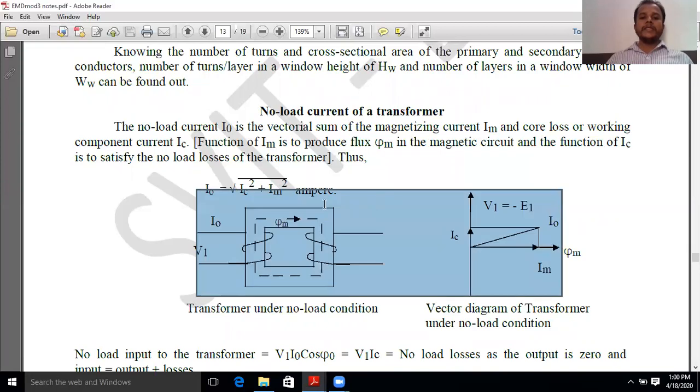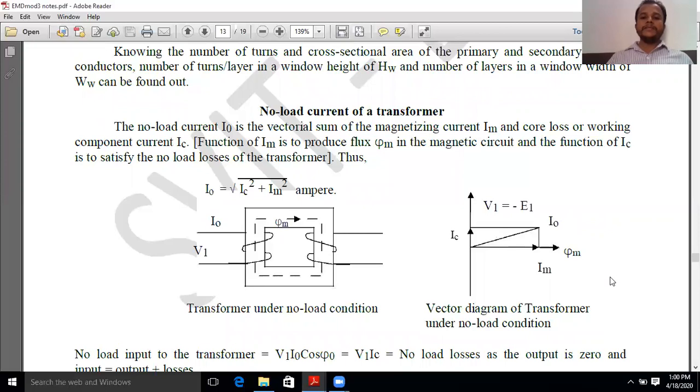This is the transformer under no load condition we need to consider, and this is the vector diagram of the transformer under no load condition. In this case, V1 is applied on the primary, and due to this V1 there is a current in the primary of the transformer.